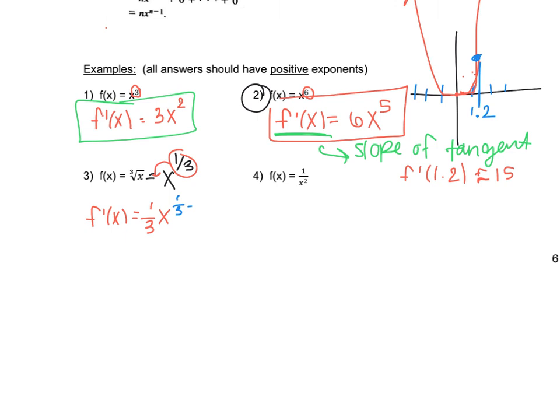My suggestion is to rewrite 1 as 3/3. So we really have 1/3 minus 3/3. This will give us a derivative of 1/3 x to the negative 2/3. So we took 1/3 and subtracted 1 to get negative 2/3.